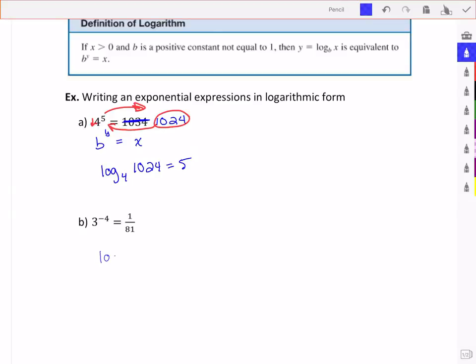So I would say log, and our b this time is the base of our exponent, so it becomes the base of our log, so that's 3. Then the 1 over 81 jumps across the equal sign, and we jump that negative 4 across, so log base 3 of 1 over 81 is equal to negative 4.